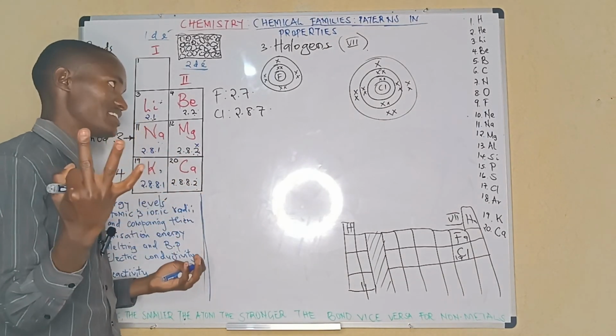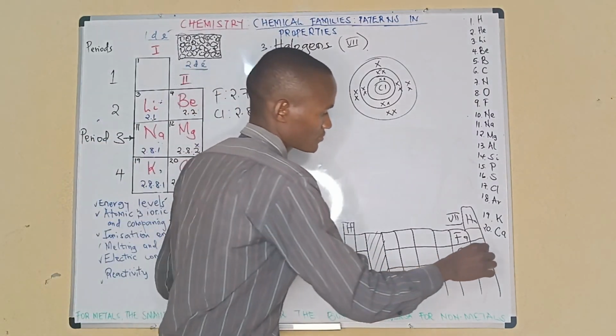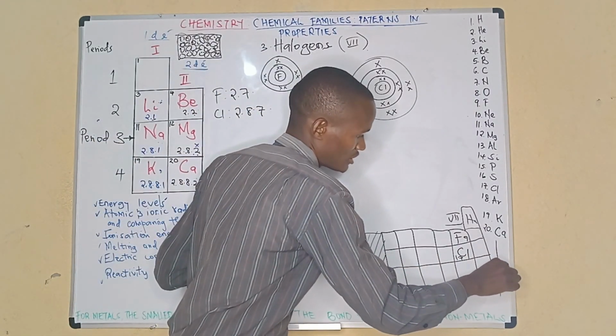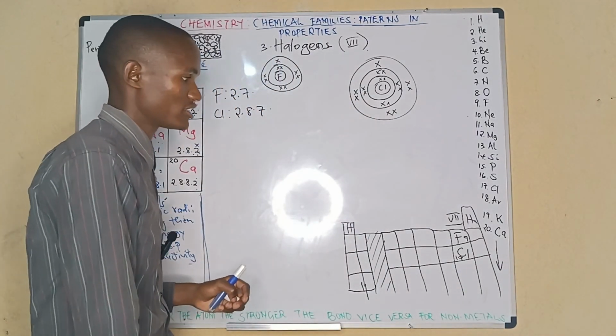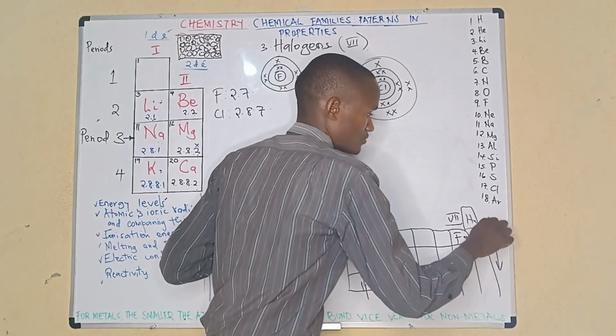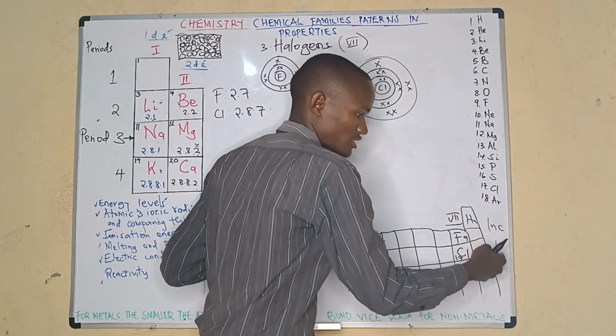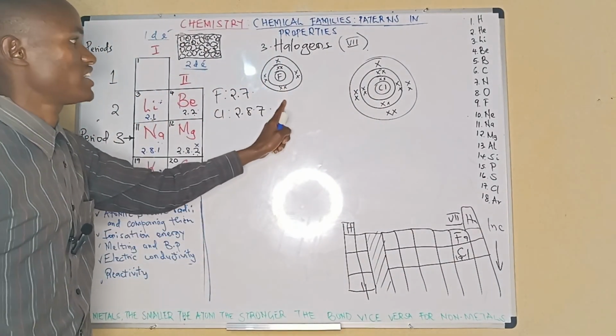Chlorine has 3 energy levels. In short, energy levels increase down the group. Yes, that is the number of energy levels.